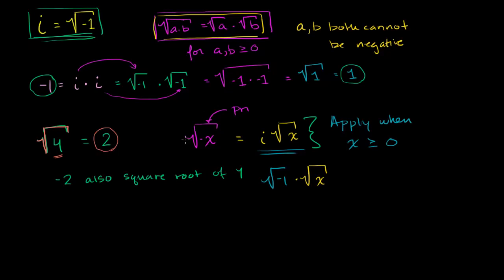If you expand your definition of the principal root to include negative numbers in the domain, and to include imaginary numbers, then you can say that the principal square root of negative x, I should be particular with my words, is the same thing as the principal square root of negative 1 times the principal square root of x when x is greater than or equal to 0. And I don't want to confuse you. If x is greater than or equal to 0, this negative x then is clearly a negative, or I guess you should say a non-positive number.